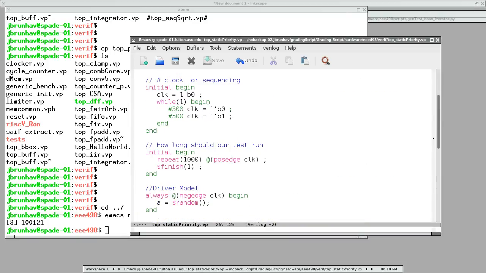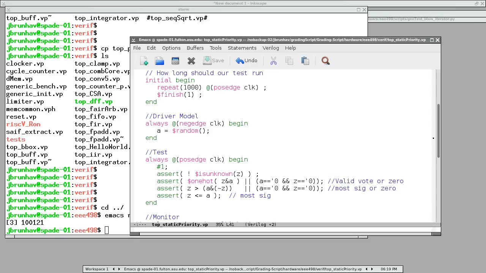So more or less what the test bench does is it uses some clock signal to give a random value on A every cycle. So it's not too fancy. And then one tick after the clock edge, it checks that Z is a valid number, that Z and A are one hot.